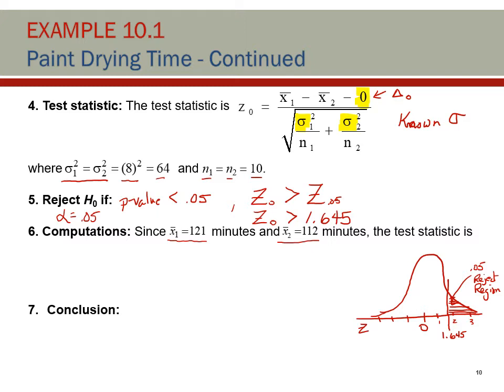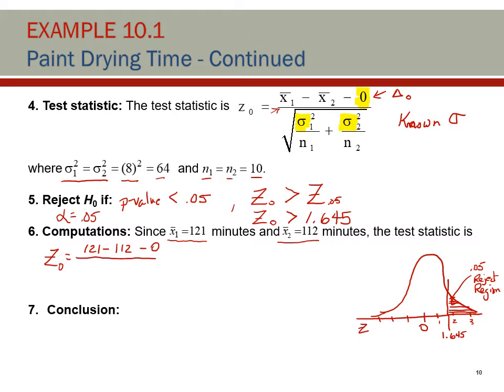All right, now let's go back and do our calculations. Our calculations, we're looking at a Z naught equal, and go back to your formula up here. X bar 1 is 121 minus X bar 2 is 112, and then subtract the delta, which in this case is 0.